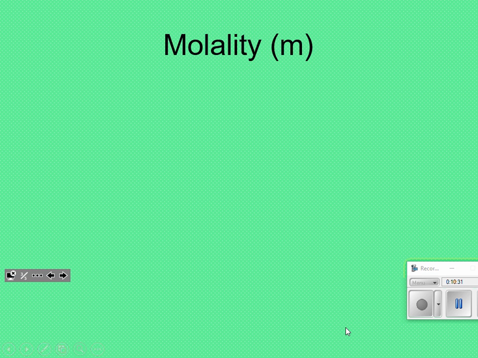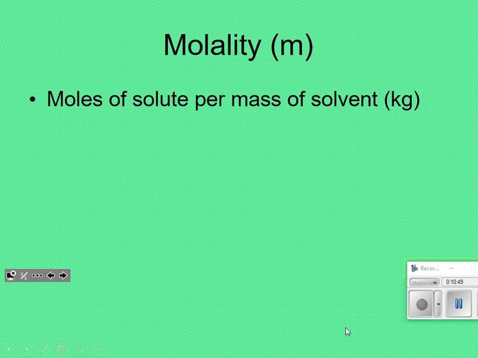Molality is the second unit of concentration. Let's make it basically the same word, but just switch one letter to throw you off a little bit. Let's use a lowercase m, which should be for meters, but we're going to use that for molality anyways, because again, we're just trying to make life difficult for you.